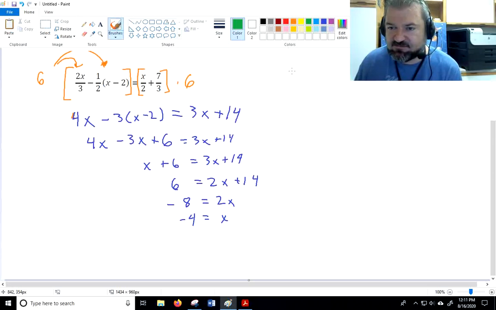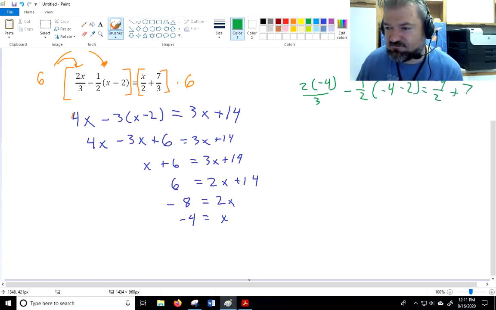2 times a negative 4 is what we have over here. Over 3 minus 1/2 times a negative 4 minus 2 equals a negative 4 over 2 plus 7 over 3. And we are hoping that those two things are equal. So that's a negative 8/3.